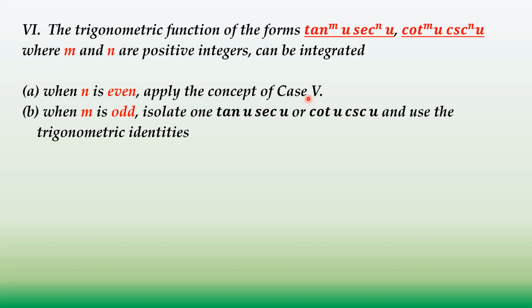Then we're going to use the identities: secant squared u is equal to 1 plus tangent squared u, or cosecant squared u is equal to 1 plus cotangent squared u. Meaning, in case number 5, what we isolated we do not touch. The remaining ones, what was left, we replace with the equivalent identities. So this is case number 6A.